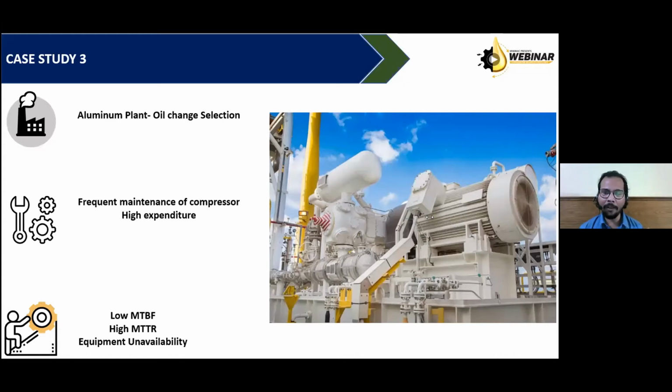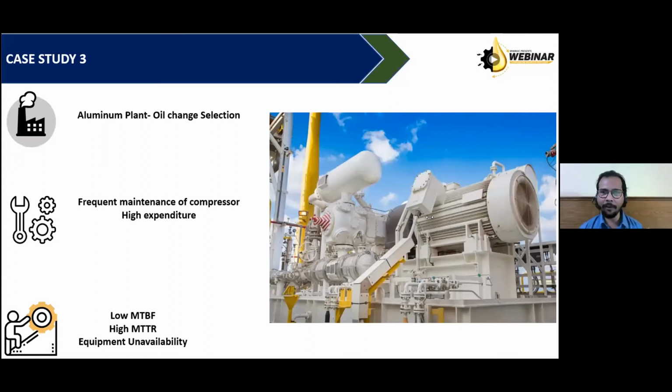There, after recommendation, we switched from mineral oil, after assessing related components like seals and other internals for compatibility. Then we changed the oil, and initially maintenance frequency was less than a month. And when we changed just the oil, the compressor ran for a year without failure, 24/7.